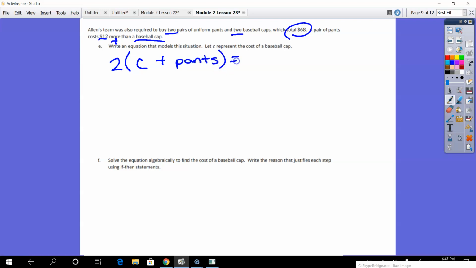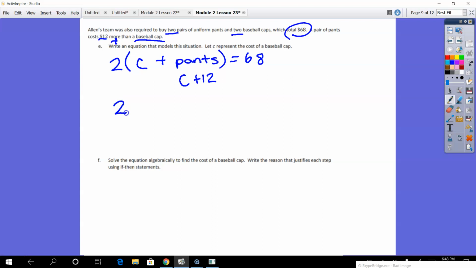And that equals a total of $68. Okay, so the pair of pants cost the cap plus $12.